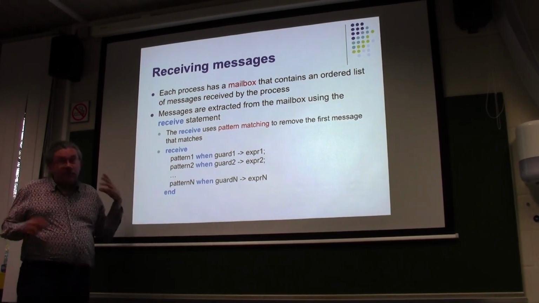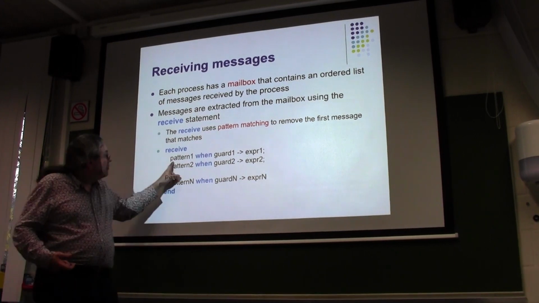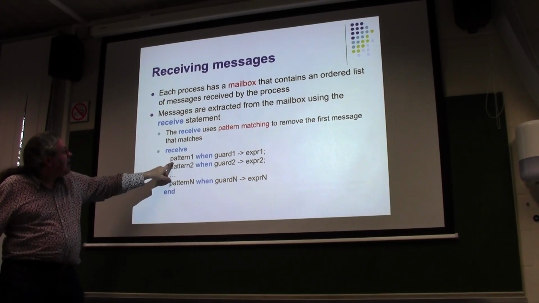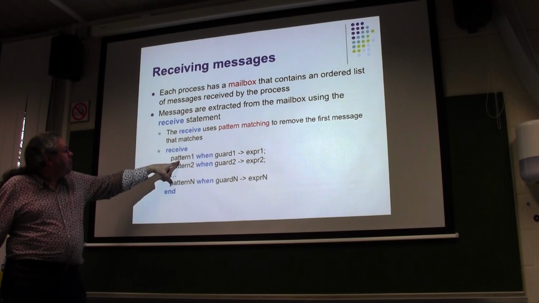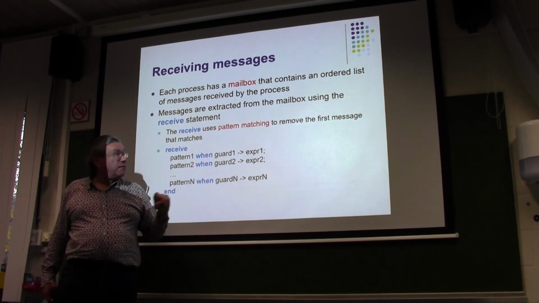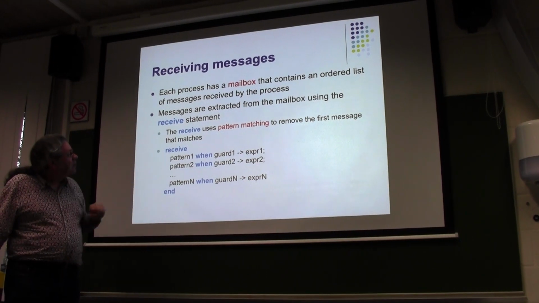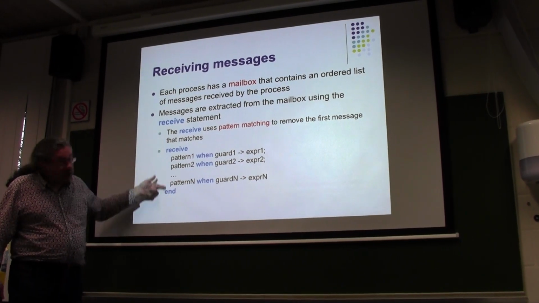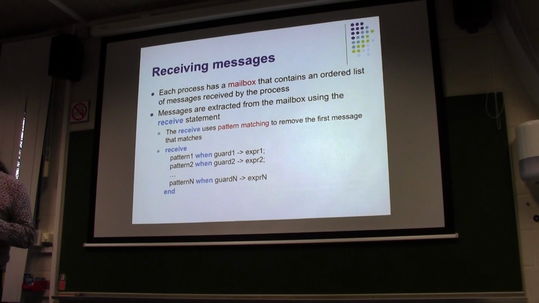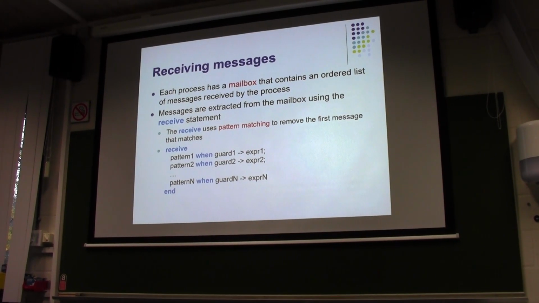This is conceptually very similar to what we saw in Oz. You have a pattern, a symbolic data structure, but you can also have Boolean functions, a guard, and you can have a bunch of patterns. So this receive statement has a specific kind of semantics that I'll explain in a minute.